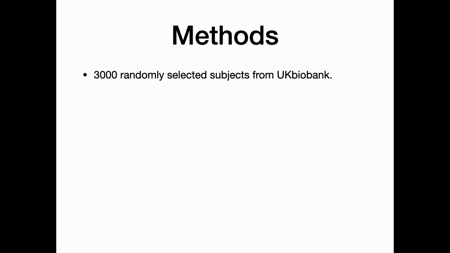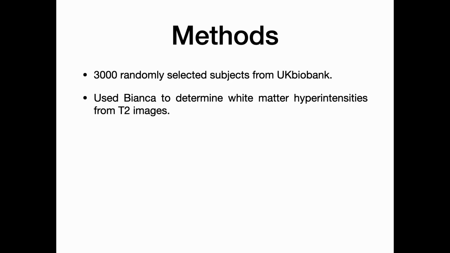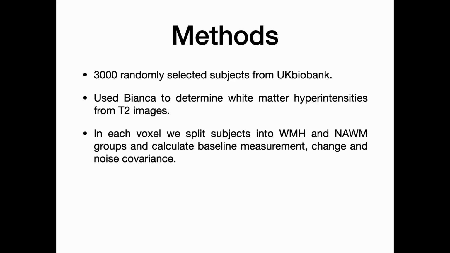BIANCA was used to identify white matter hyperintensity voxels and normal tissue. At each voxel, we split subjects into those with and without white matter hyperintensities and calculated the baseline from normal tissue and the contrast as the difference between hyperintensity and normal tissue, and also estimated the uncertainty in the measurements.